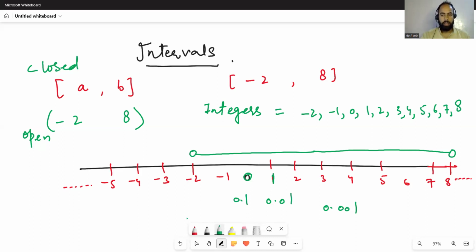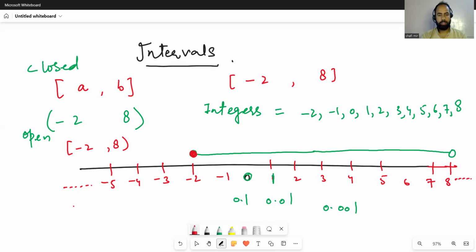Got it? Now, if I say minus 2, comma 8, you can see on the side of minus 2 it's a square bracket. So minus 2 is included, and it should be a solid or filled circle on minus 2. But on the other side, 8 is excluded.